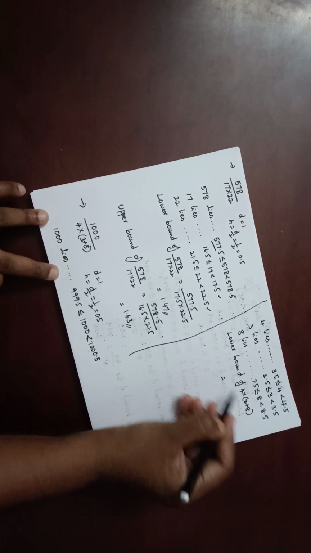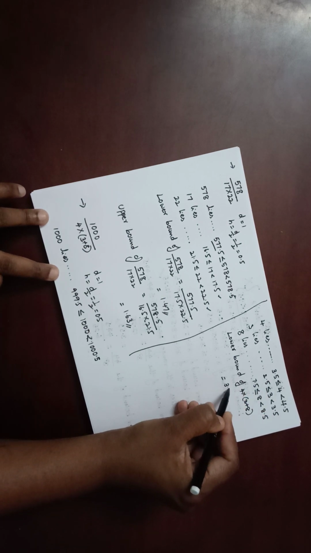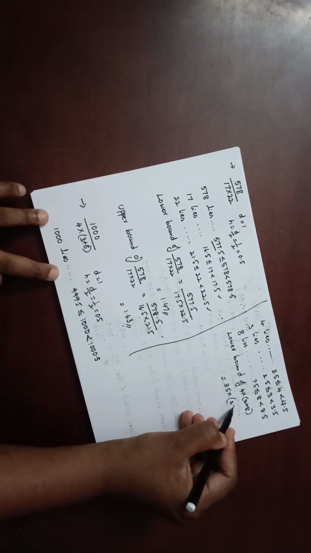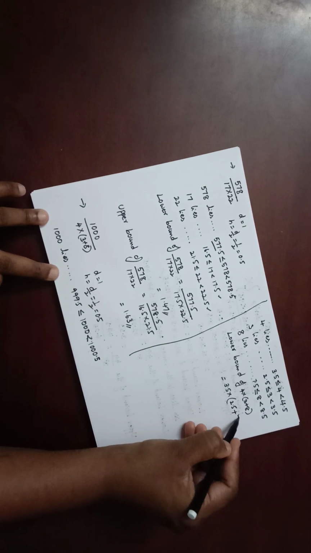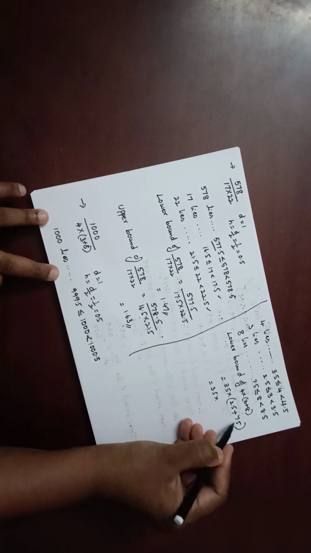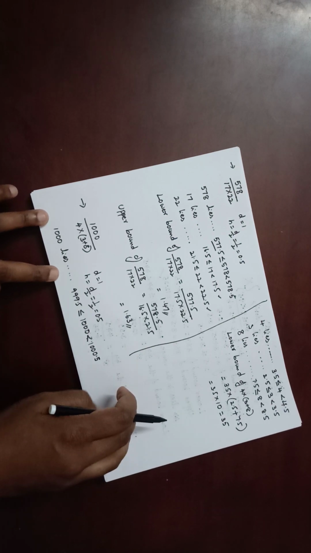This is all the lower bounds you should take. So 4 lower bound is 3.5 into 3 lower bound 2.5 plus 8 lower bound 7.5. If you add these two, you will get 10. So this is 35.